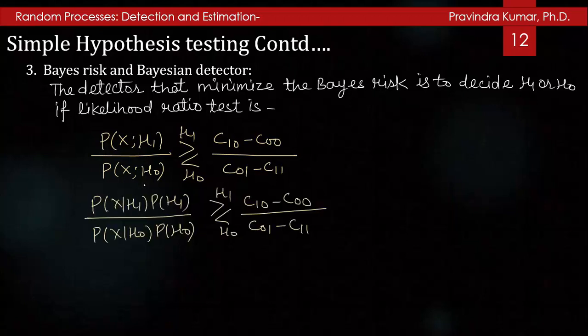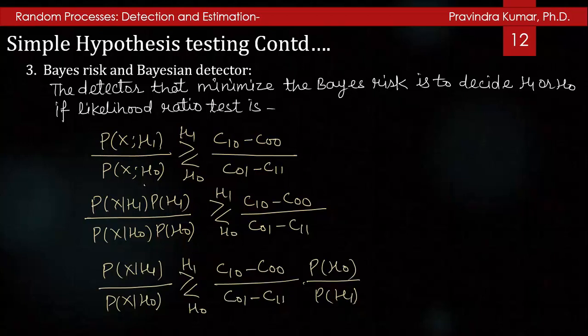And I can also write this with the joint PDF from the Bayes rule: P(x|H1) P(H1) divided by P(x|H0) P(H0), greater than or less than (C10 minus C00) divided by (C01 minus C11).